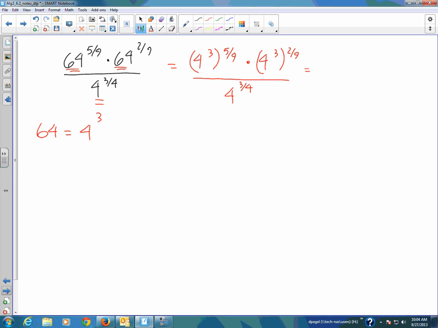Well, we get 4 to the 5/3, because 3 goes into 9 3 times, times 4 to the 2/3, all over 4 to the 3/4. Let's come down here. Up in the numerator, since the bases are the same, we can add their powers, 5/3 and 2/3. And we get 4 to the 7/3 over 4 to the 3/4.